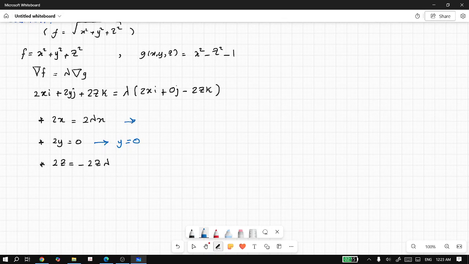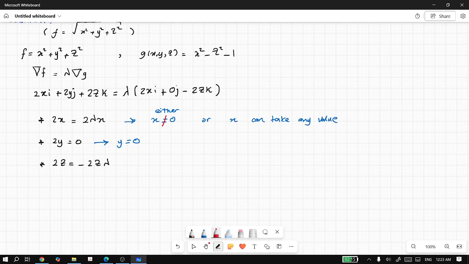From the first equation, either x is equal to 0 or x can take any other value to make the two sides equal. But x is not equal to 0. Why?